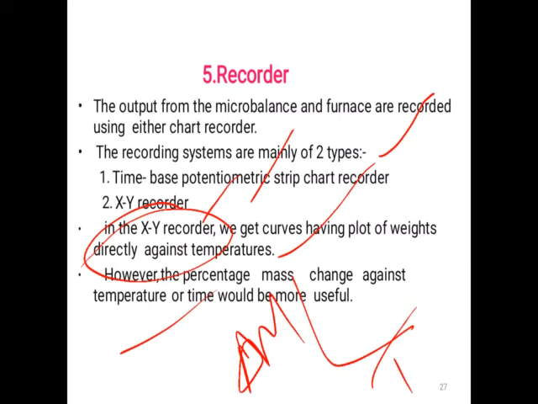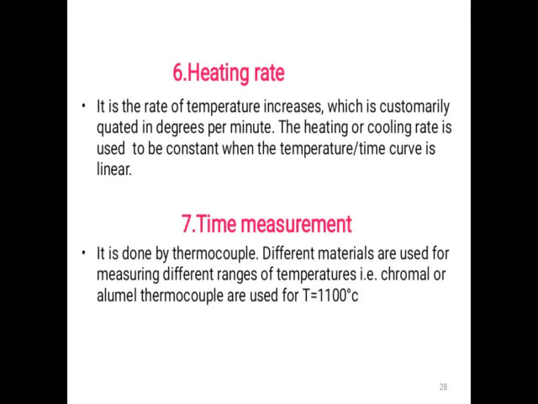But the percentage mass change against the temperature at a time would be more useful. So that is the recorder which is useful for recording the changes in the mass against the temperature as it takes place. Then we have to control the rate of heating which is coming from the furnace.